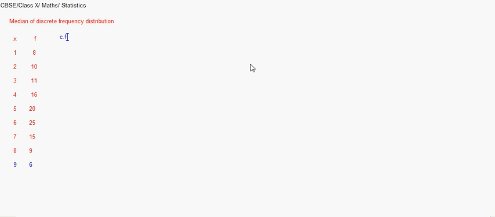So cumulative frequency, the first one will remain as 8, then it changes to become 10 plus 8, that is 18, then 18 plus 11, that gives us 29, 29 and 16 will be 45, then it is 65, then it is 90, it is 105, 105 and 9 is 114, so 120.